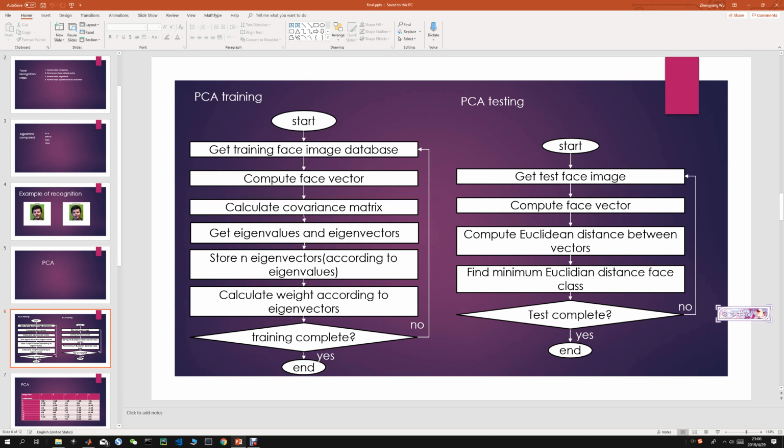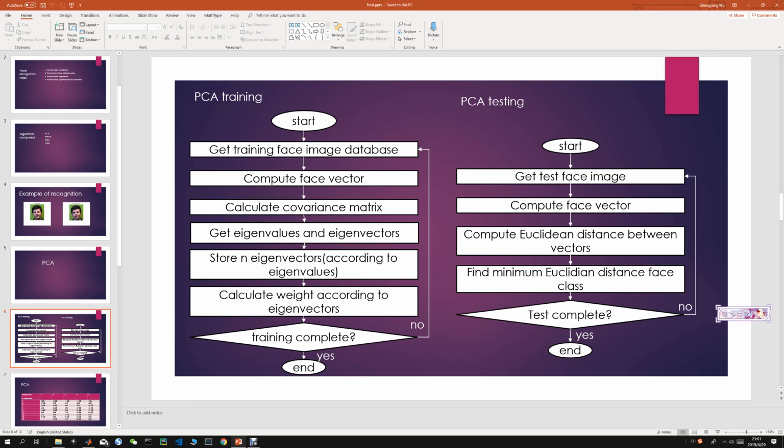After the training is complete, we do the testing part. The testing part will get the face image and compute the face vector. Then we will use the training vectors to determine the Euclidean distance between the testing vector and the training vectors, and then find the minimum Euclidean distance and determine which face class the test image is in.